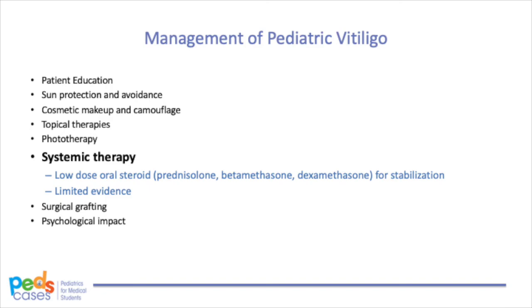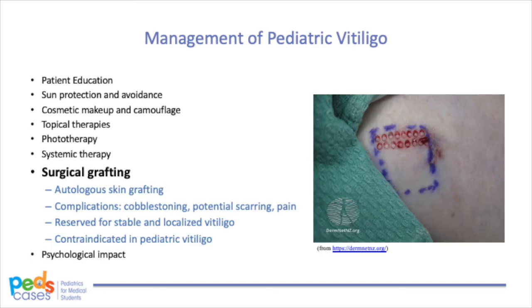Autologous skin grafting is a surgical therapy in which a skin tissue graft is transferred from an unaffected area of the body to the site of vitiligo. There are various grafting techniques, including tissue and cellular grafting. Complications include cobblestoning of the skin graft, potential scarring, and pain. Surgical grafting is typically reserved for a specific cohort of patients.